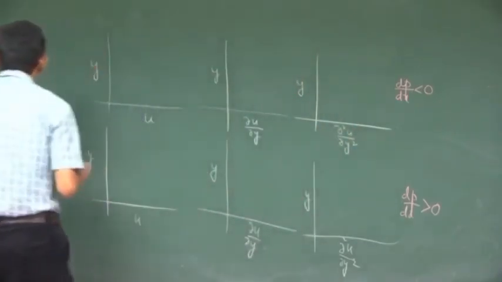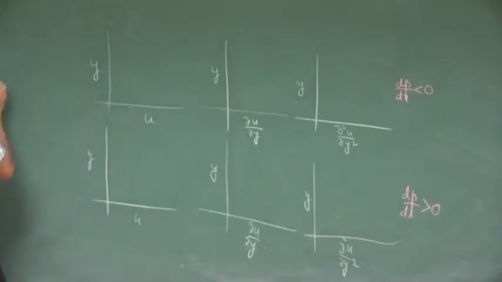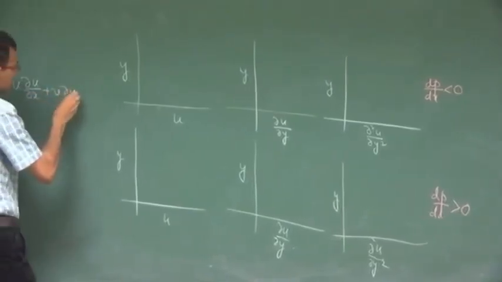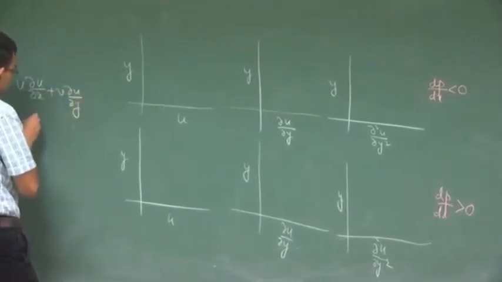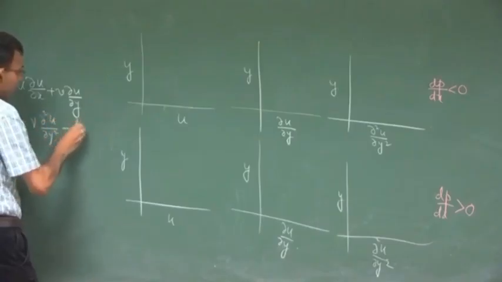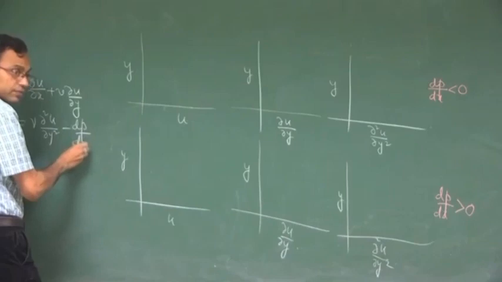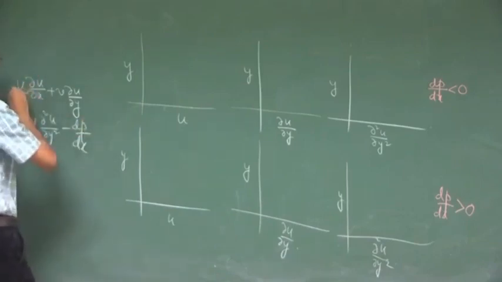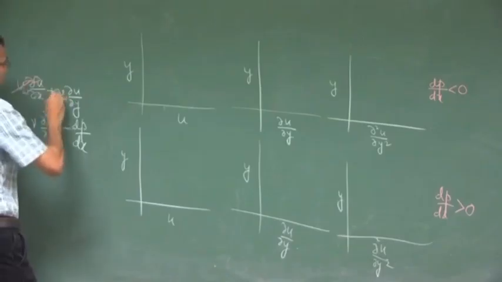So, write the boundary layer equation at the wall. Now, there is a minus dp dx term. At the wall u wall is 0 and v wall is 0.